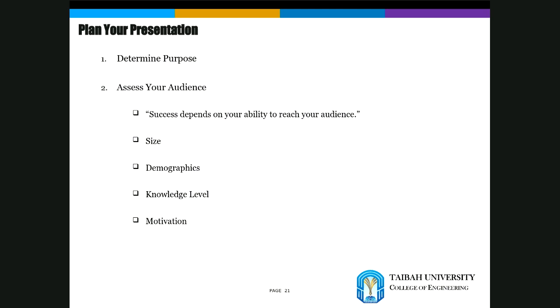So in terms of our capstone project, your supervisor has more knowledge about your project. Some of the external examiners have some idea, so basically they have a medium level, okay? And then motivation.